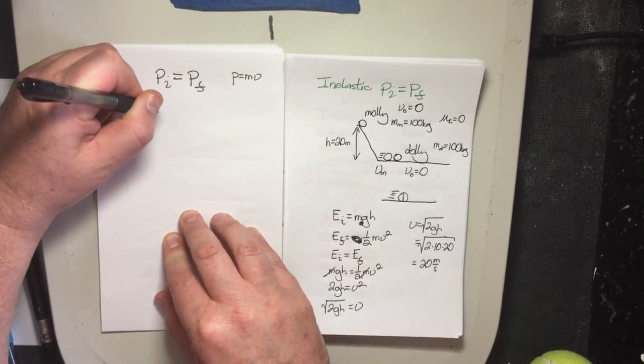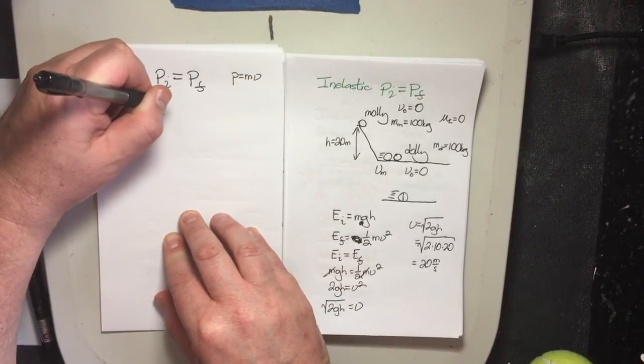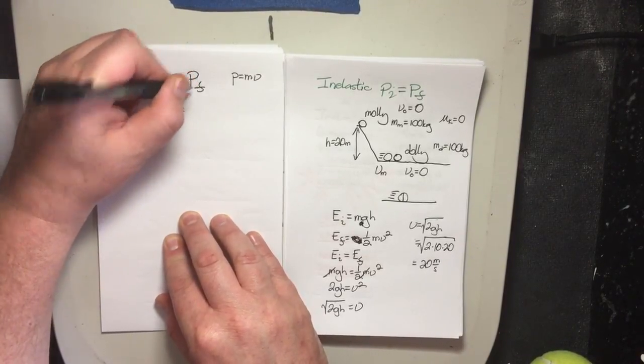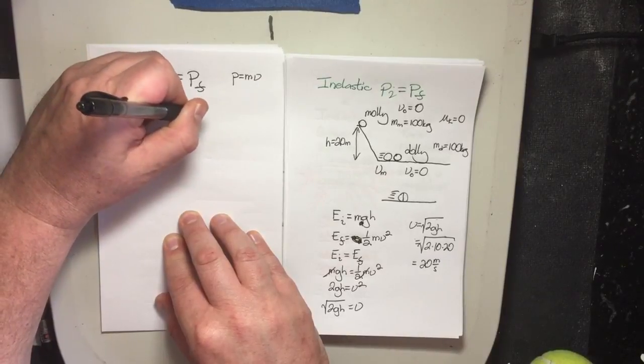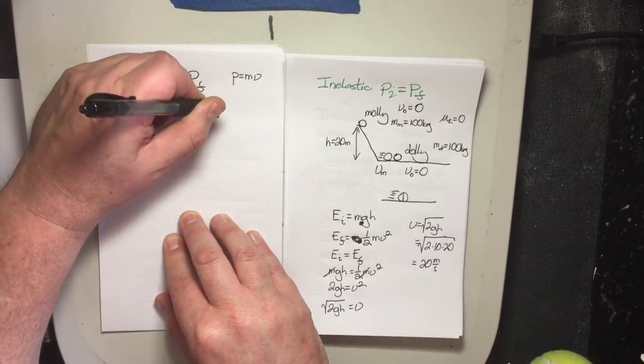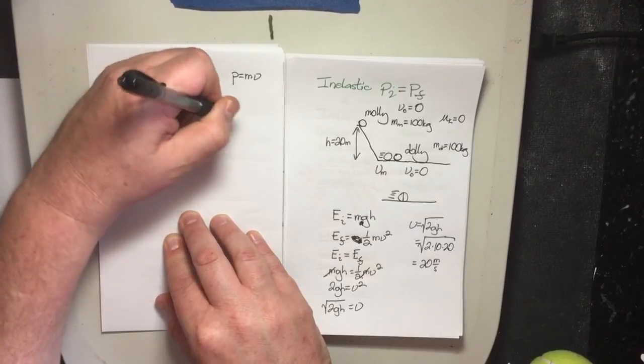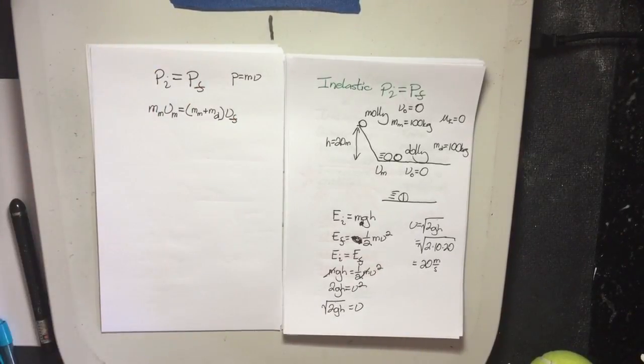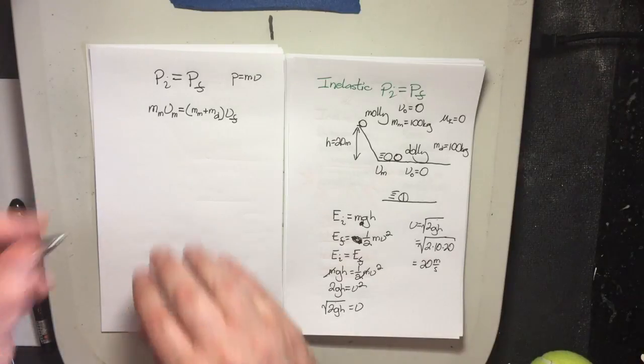So it is m Molly, velocity of Molly, equals momentum final, mass of Molly plus mass of Dolly, velocity, and I could call it v sub f, the final velocity. Because they stuck, technically we're dealing with the Molly-Dolly mass. How do you get the total mass? You just add them up.